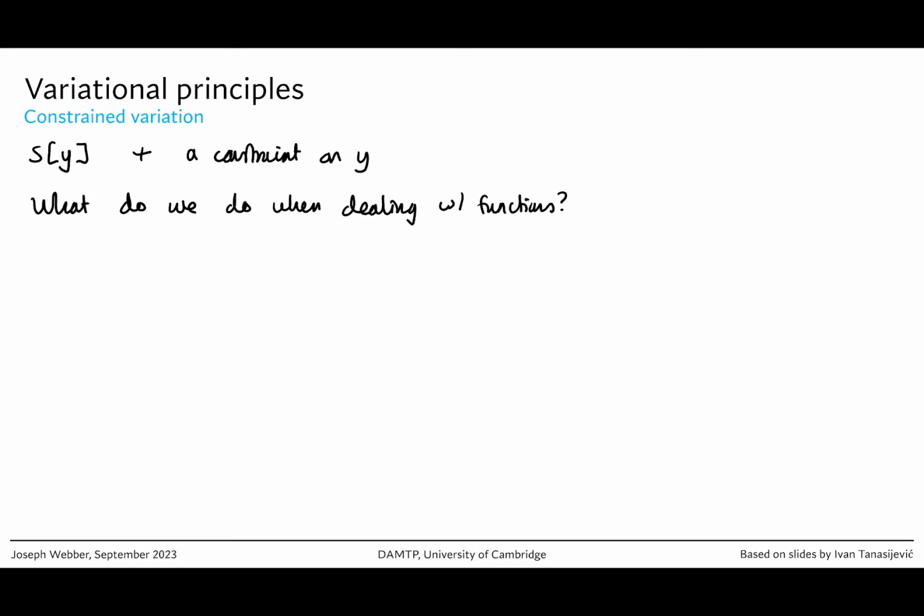And the answer to this, if you haven't seen it before, it's probably worth looking this up. So you use Lagrange multipliers. Lagrange multipliers encode a constraint.